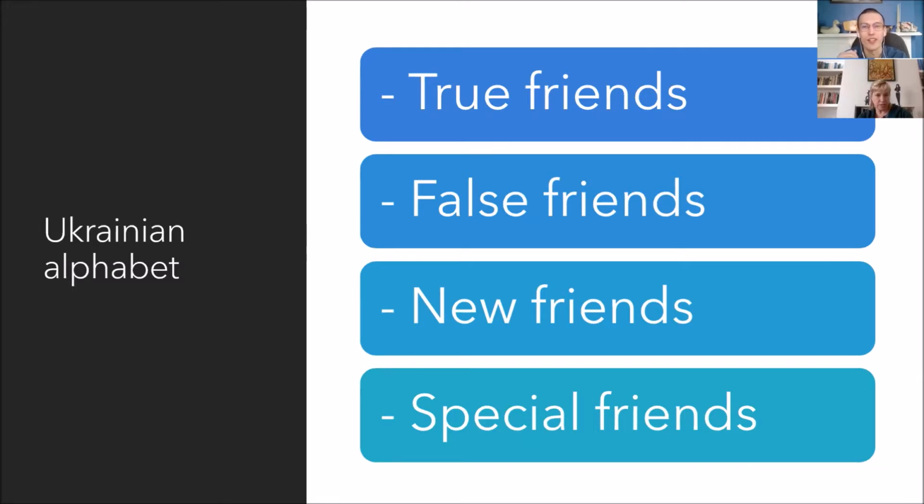These are your true friends, your false friends, or I would even call them tricky friends. And you have your new friends, and you have your special friends, or I would say complicated friends, and I will explain each group more specifically.